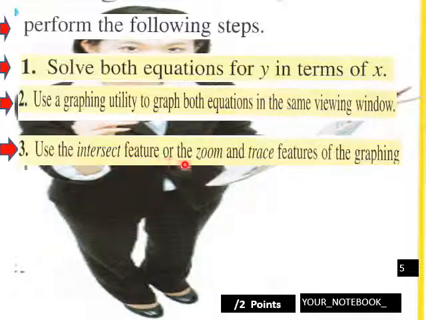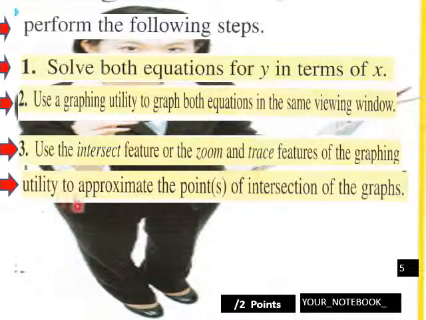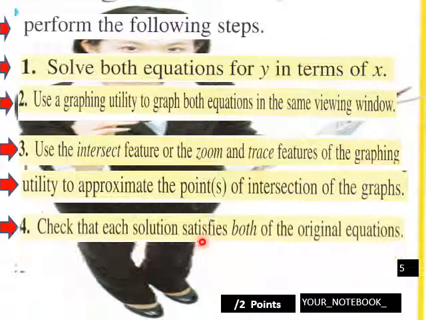Use the intersect feature or the zoom and trace features of the graphing calculator to approximate the points of intersection of the graphs. 4. Check that each solution satisfies both of the original equations.